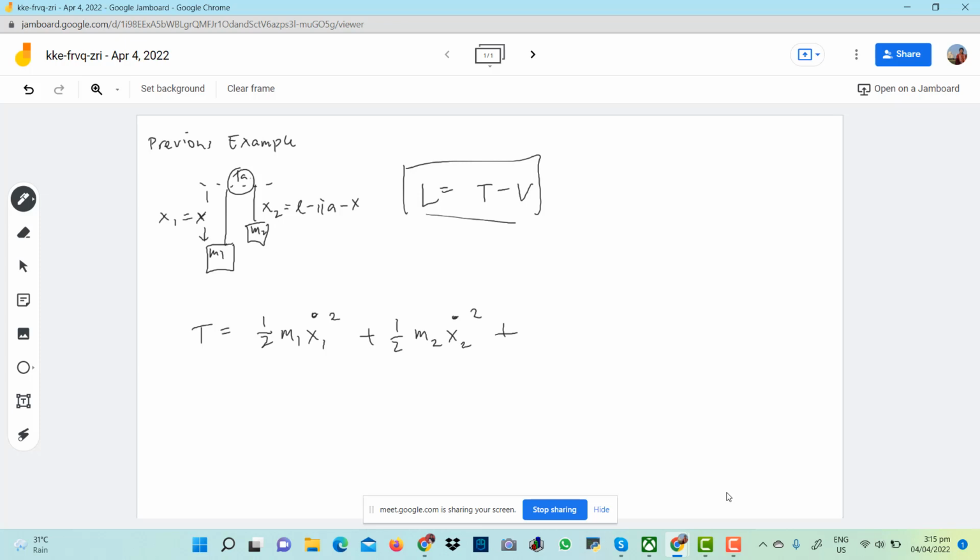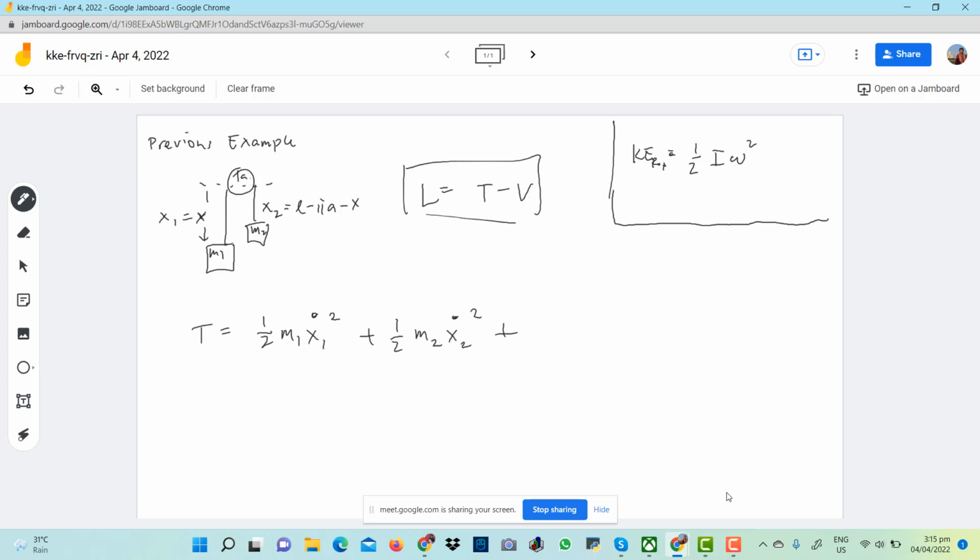And if you recall, rotational kinetic energy can be written as one half the moment of inertia I times omega squared. The rotational analog for mass is I, which we call the moment of inertia, and omega is just the angular velocity.